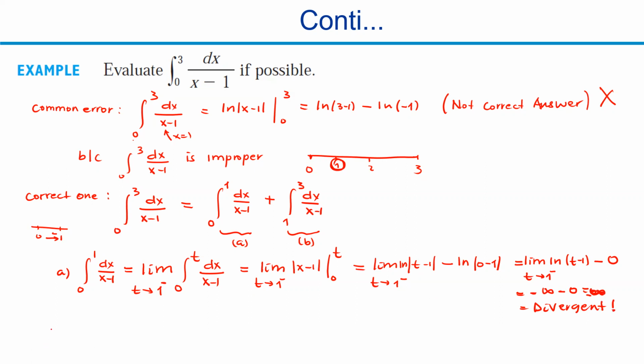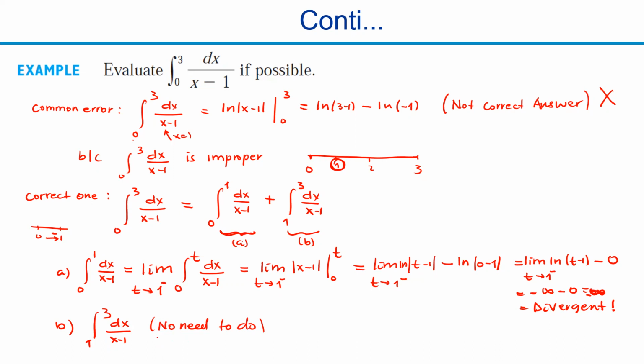Divergent. What is the second part? The integration from 1 up to 3 of dx over x minus 1. We don't need to do this. No need to do it. Why? Because if one of the summands is divergent, the whole sum will be divergent.